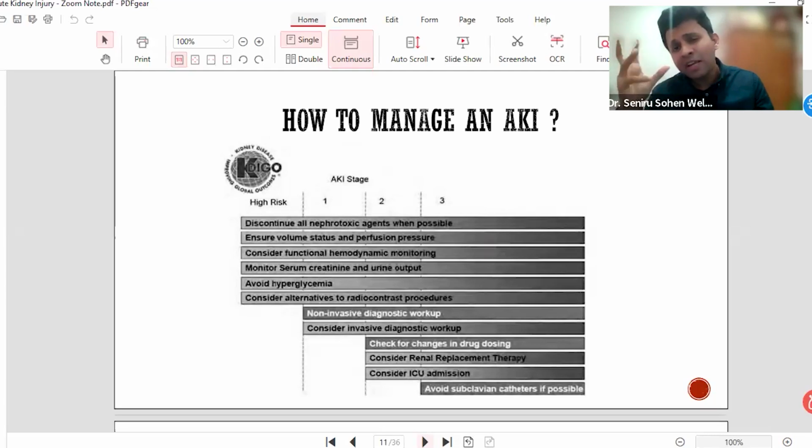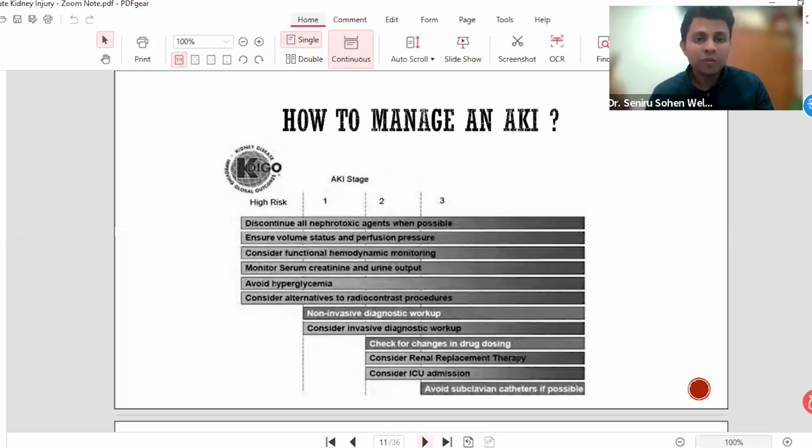When all these are done, you would also look at the kidneys ultrasonically. Imaging is a modality that we use in most patients with AKI to see whether we are actually dealing with an AKI or with a patient with chronic kidney disease. Imaging is also important to see whether you are having a significant obstruction.